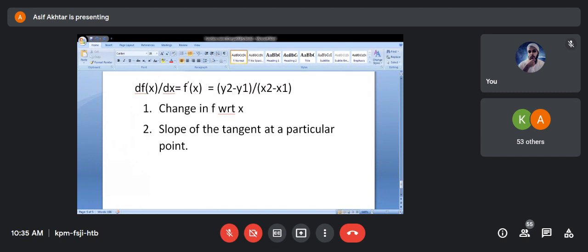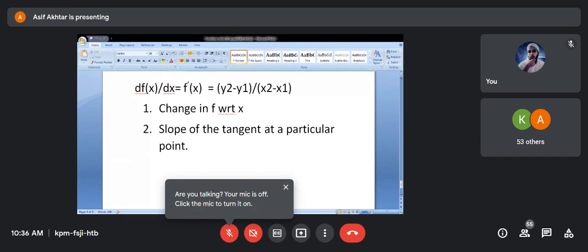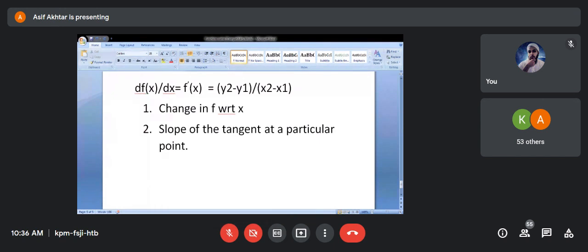It can be a scientific function, a biological function, a mathematical function, an engineering function, a social science function, whatever. If you want to calculate the change in the dependent variable with respect to the change in the independent variable, you can apply this definition. And slope is simply the slope of the tangent on that curve at a particular point. I will show you the diagram that will help you understand it further. Sure, sir.